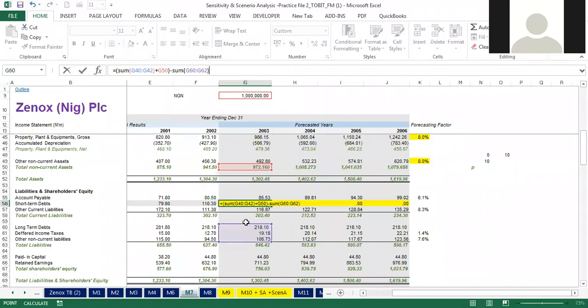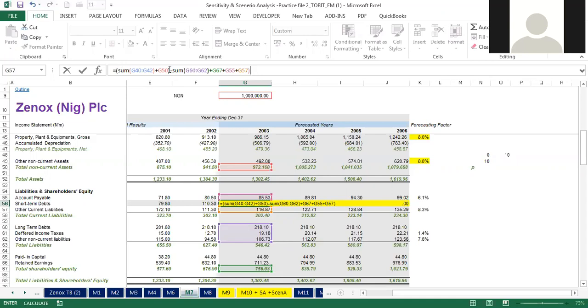What else do we have? We have our total equity, which is this. What else do we have? We have accounts payable, and we have other current liabilities. So we can decide to have all this in brackets.